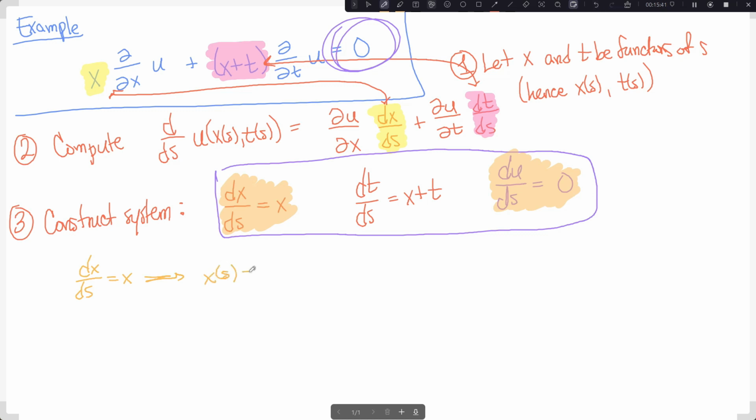So x of s is c1 e to the s. We necessarily have an exponential solution to this ODE. The u equation, du/ds equals 0, that means that u is just a constant in s, right? And then we can solve the middle term here.